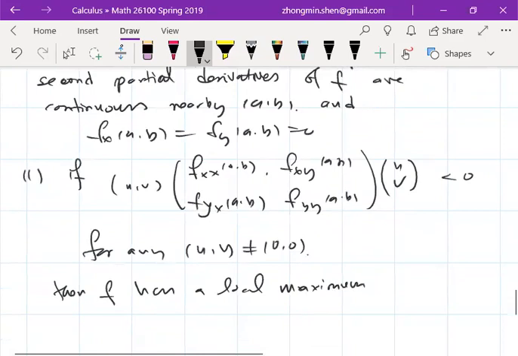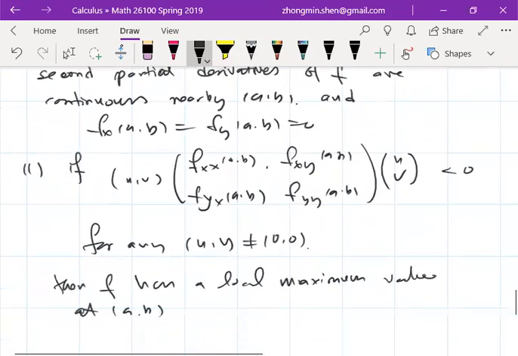So it's very similar to the second derivative test for one variable.